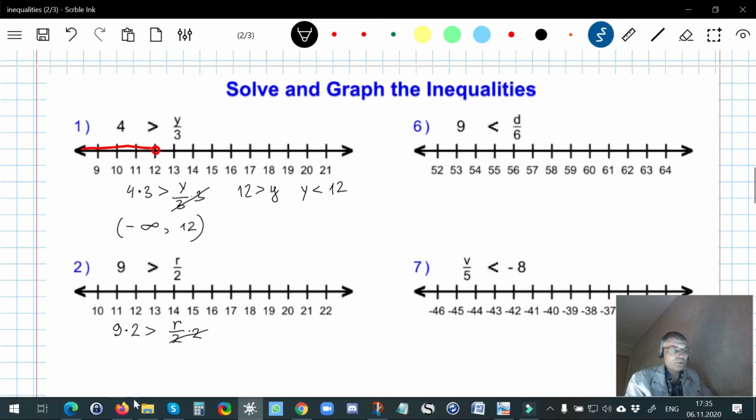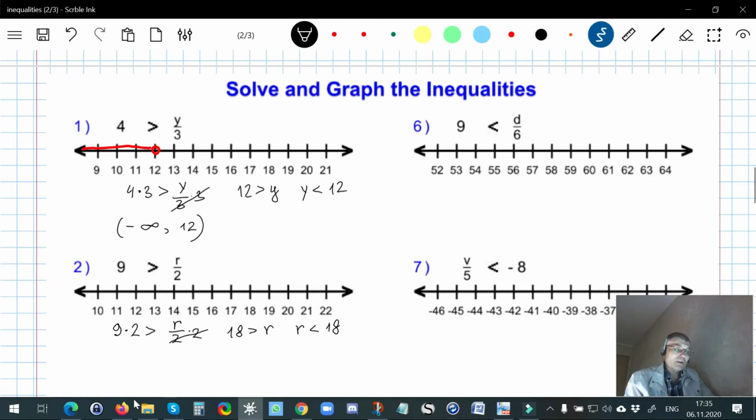And this 2 again cancels here, and we have 18 is greater than r. Again, I rewrite it to get a set builder notation answer: r is less than 18.